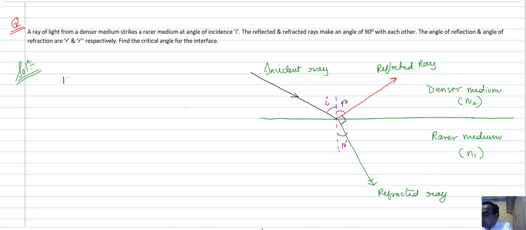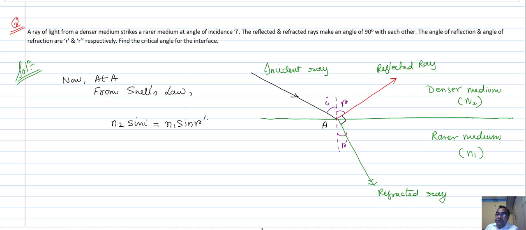Now, if we apply Snell's law, from Snell's law at A, what we can say is N2 sin I is equal to N1 sin R dash.